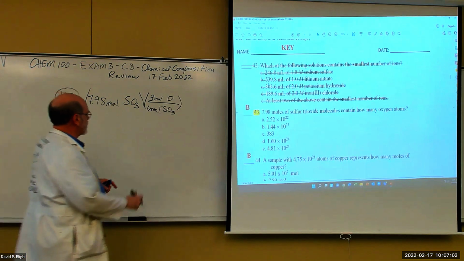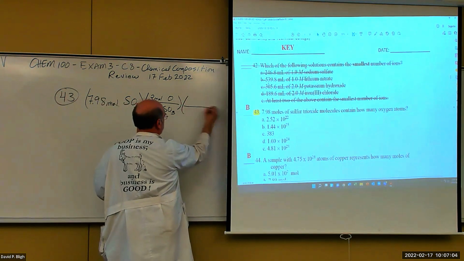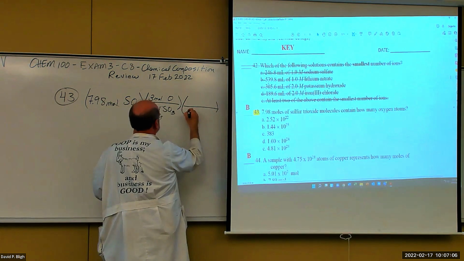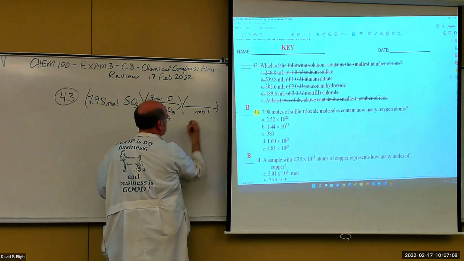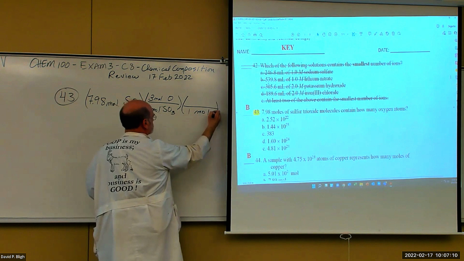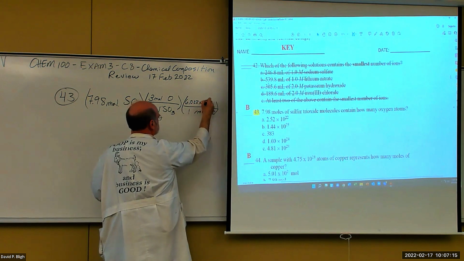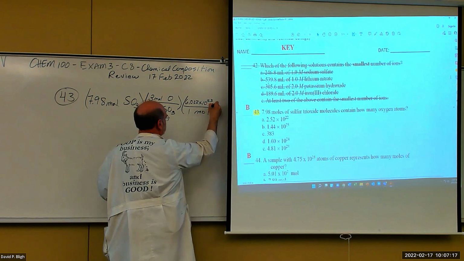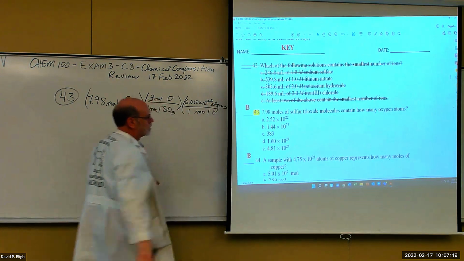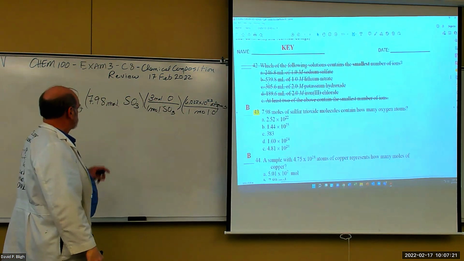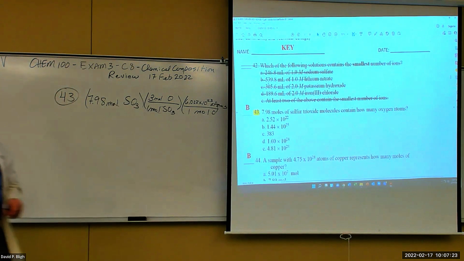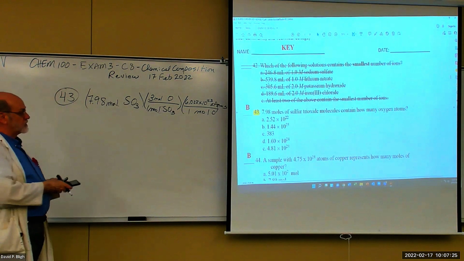So how many oxygen atoms are there? Well, now we just need, for every mole of oxygen, we have 6.022 times 10 to the 23rd atoms. So 3 times this times, I've got your number.